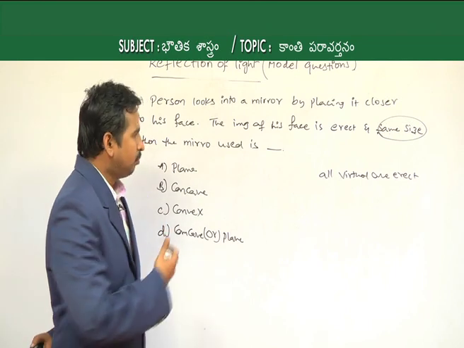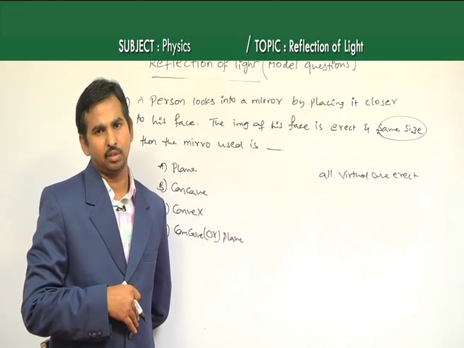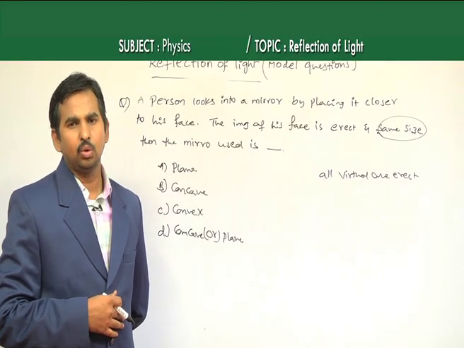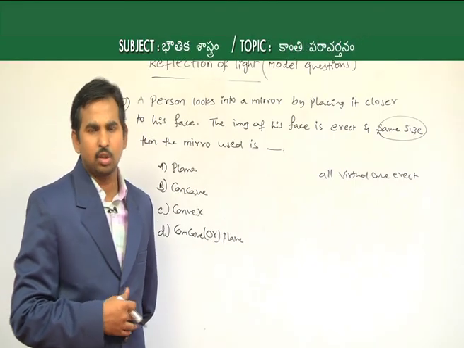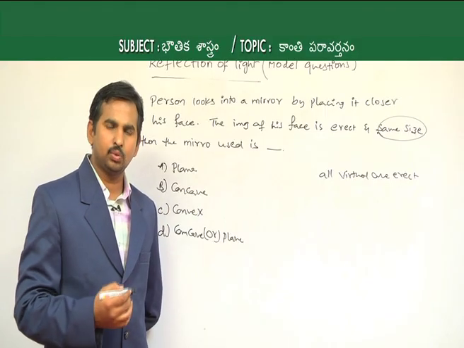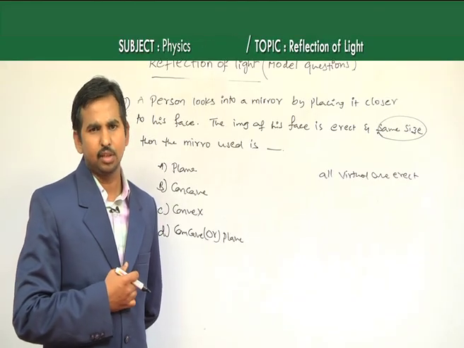But in this case it is given that the image is erect and the same size. So, both erect and same size are given only by the plane mirror, because the plane mirror forms a virtual image, an erect image, of the same size and at the same distance.